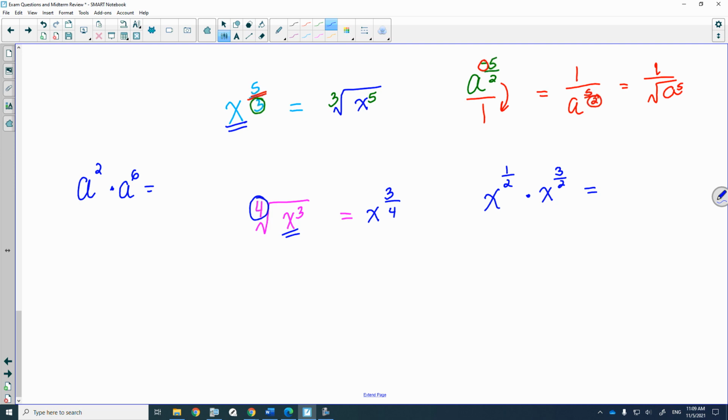You add. So that would be a to the 8. So you apply the same thing for fractions. Who cares if they're fractions, right? You need to add 1/2 plus 3/2. If you're not good at adding fractions, you could punch it in your calculator, make sure each fraction's in a bracket. And that would be 4/2, which would be x to the what? 2.